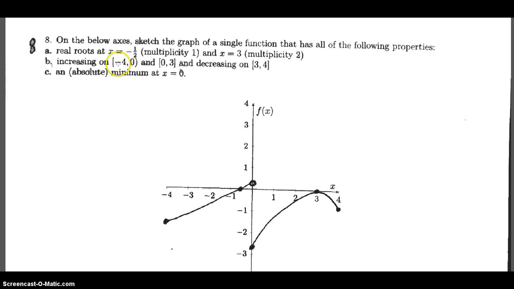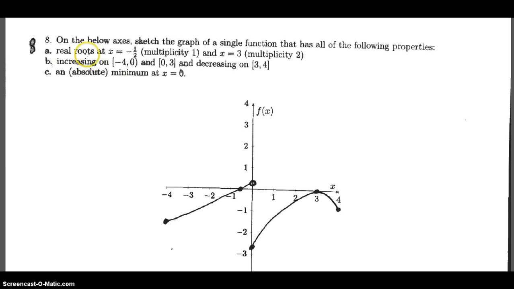It's increasing on -4, 0, so I'm just starting and going up. Now, it says also increasing on 0, 3. So either I'm increasing on this entire thing or I have a break at 0. Both of these are possible.